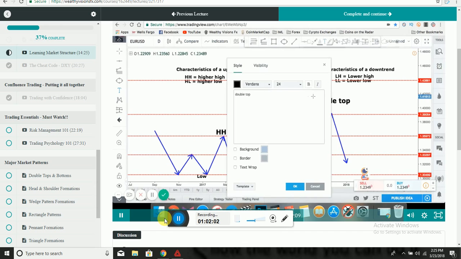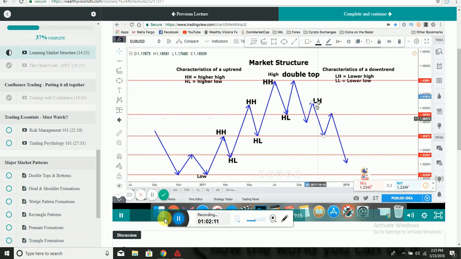That's when we start looking for lower lows and lower highs and lower lows and lower highs, okay? And then we're just going to continue riding this wave. It's really that simple, right?